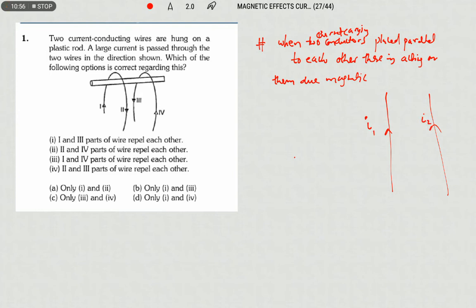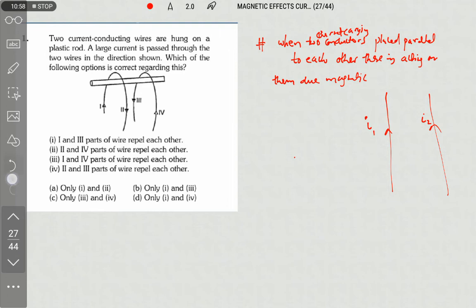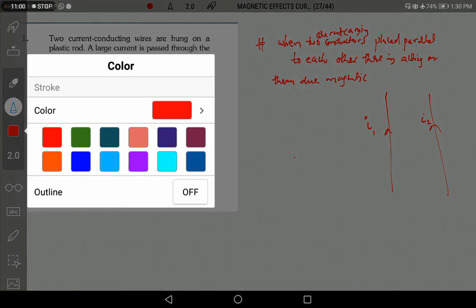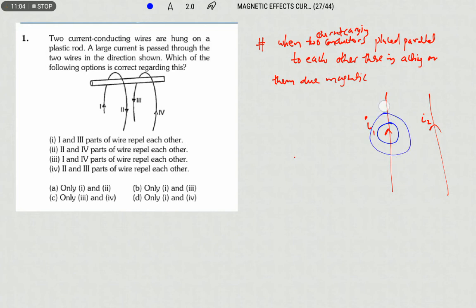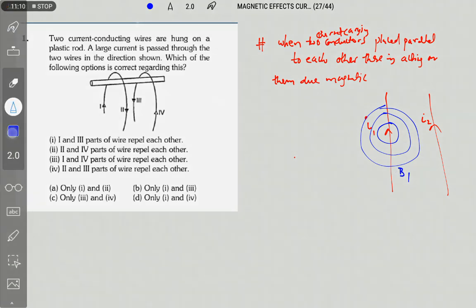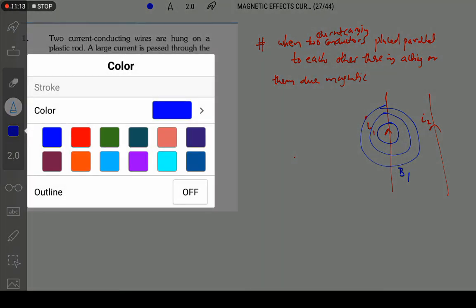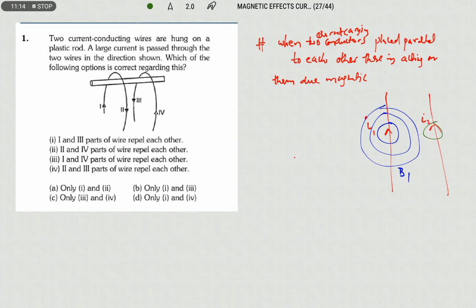We know that when current passes through a conductor, definitely there is a magnetic field created around the conductor. So this is the magnetic field created due to the first conductor. This magnetic field is B1, and let us take the magnetic field created due to the second conductor to be B2. So it extends like this. The distance between these two will be d, let us take.